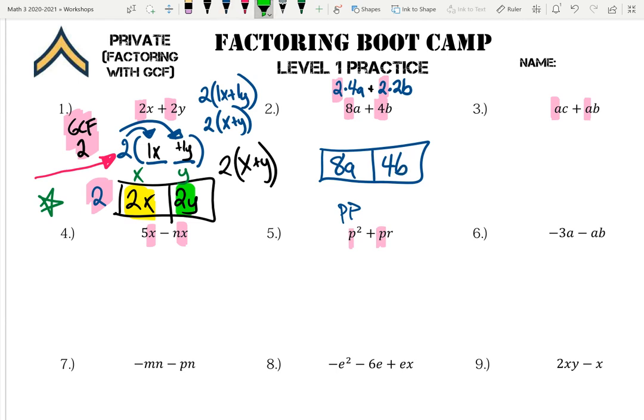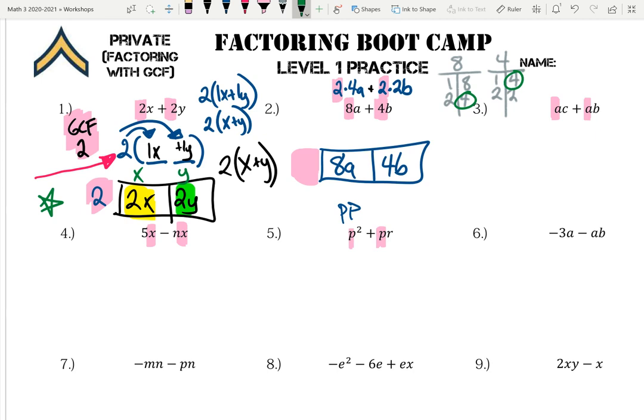What is the greatest common factor that they both have? Now, I could do a close examination and think 1 times 8 is 8, 2 times 4 is 8, and then do the same thing for 4, 1 and 4, and 2 and 2, and I can see that the greatest number they have in common is 4.